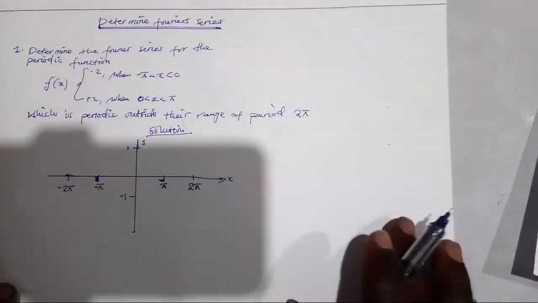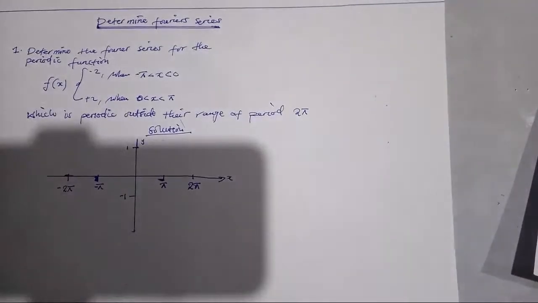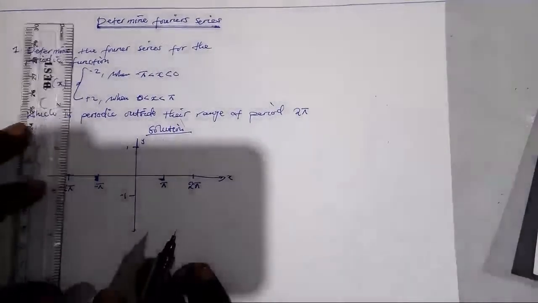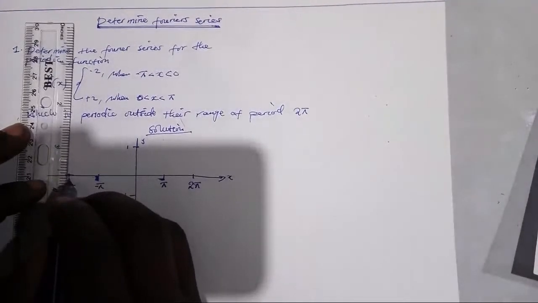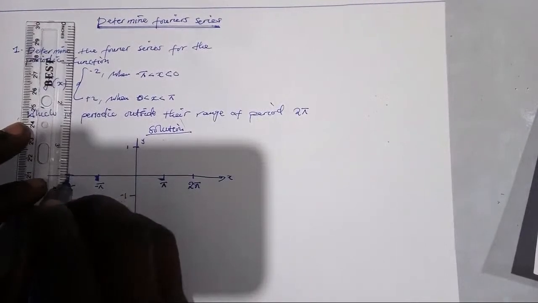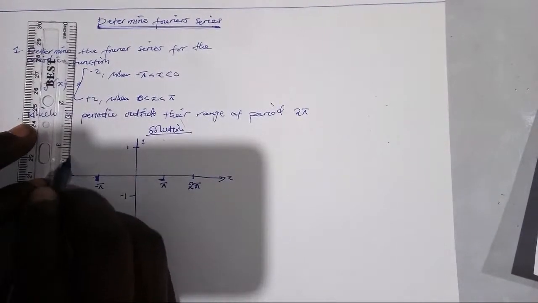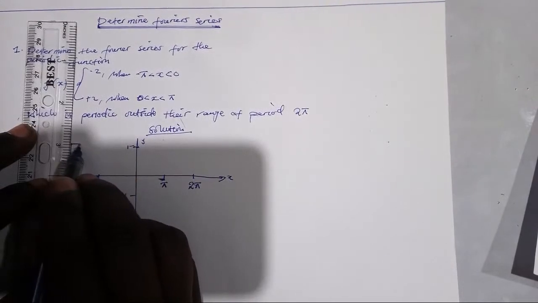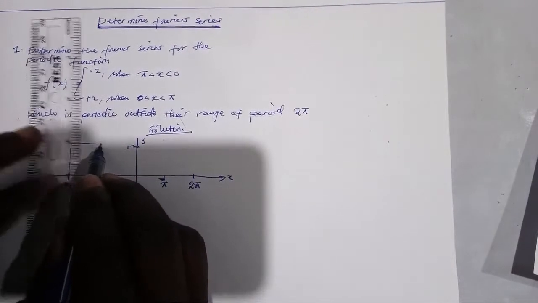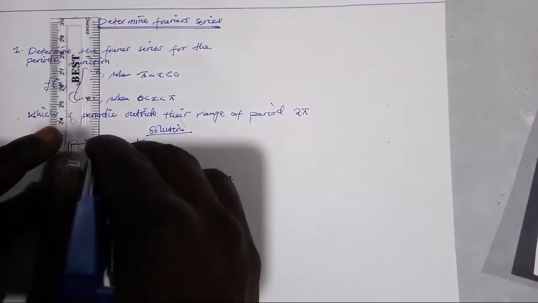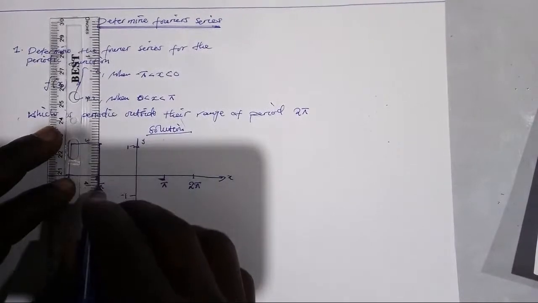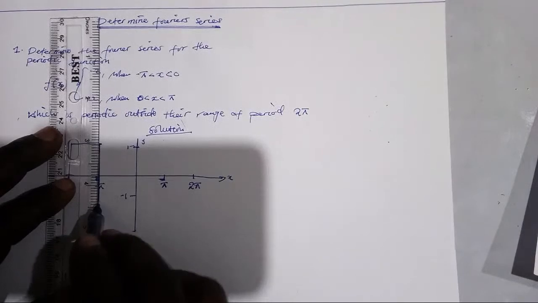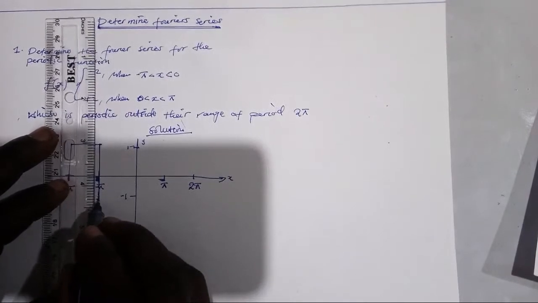So now we are going to draw this graph by following our range. We are going to start from -2 pi. From -2 pi, you go up, you reach where 1 is. This is where you make a corner. Then you come down, you cut -pi, then you reach where there is -1, you make a corner.